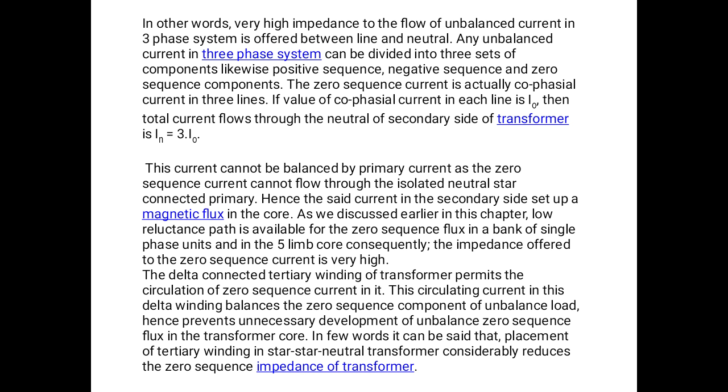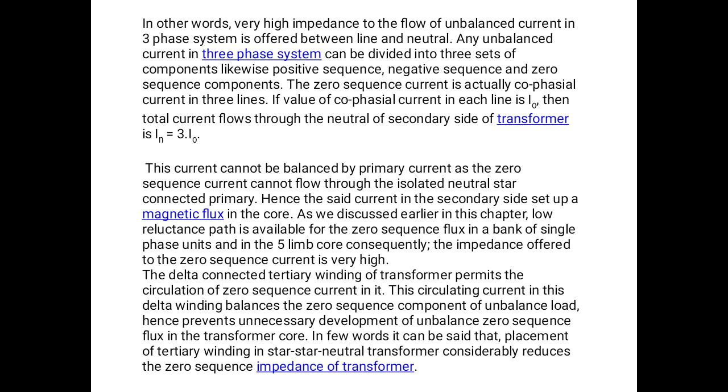Any unbalanced current in a three-phase system can be divided into three sets of components: positive sequence, negative sequence, and zero sequence component. The zero sequence current is actually co-phase current in three lines. If the value of co-phase current in each line is I0, then the total current flowing through the neutral of the secondary side of the transformer is IN, which is 3 times I0.